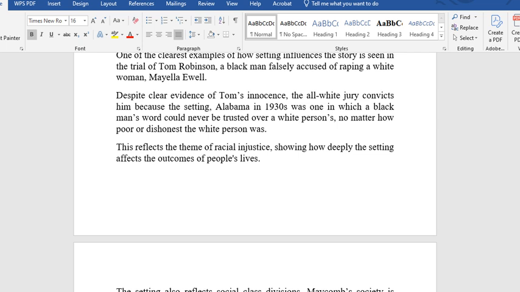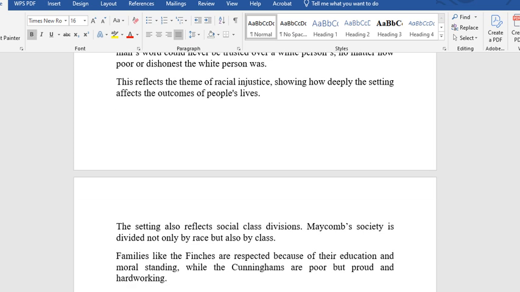Despite clear evidence of Tom's innocence, the all-white jury convicted him because the setting, Alabama in the 1930s, was one in which a black man's word could never be trusted over a white person's, no matter how poor or dishonest the white person was. This reflects the theme of racial injustice, showing how deeply the setting affects the outcomes of people's lives, especially the blacks.